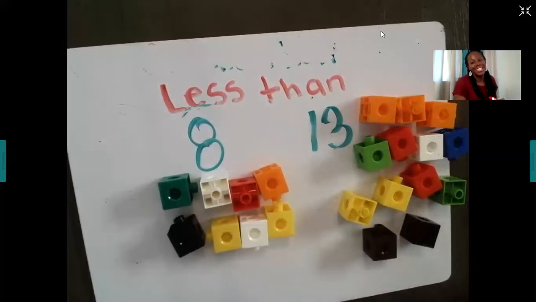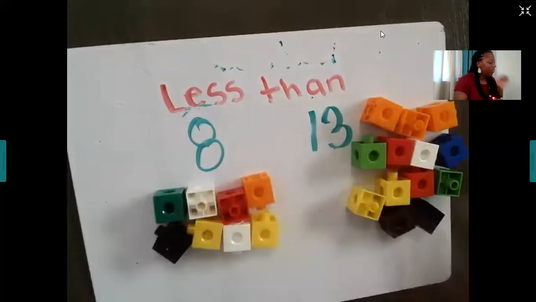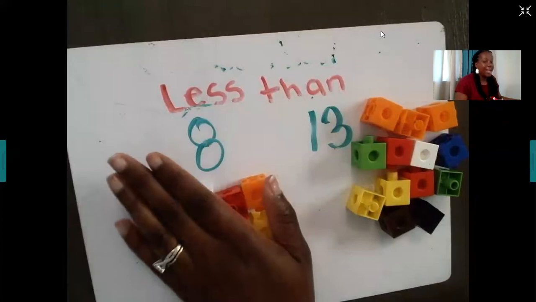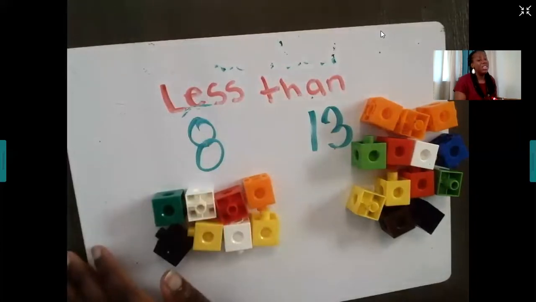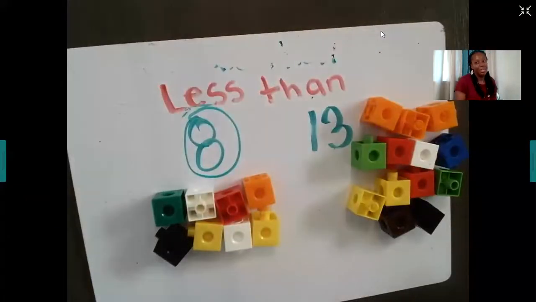Which number is less than, 8 or 13? Well, 8 looks much less than 13. That number is much smaller. So I'm going to circle the 8 because 8 is less than 13.